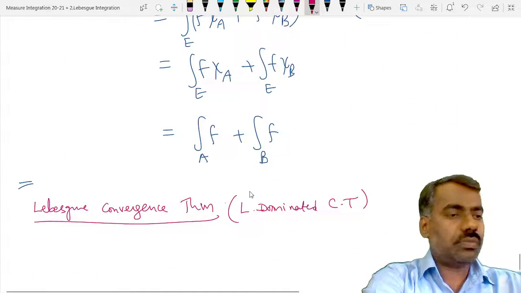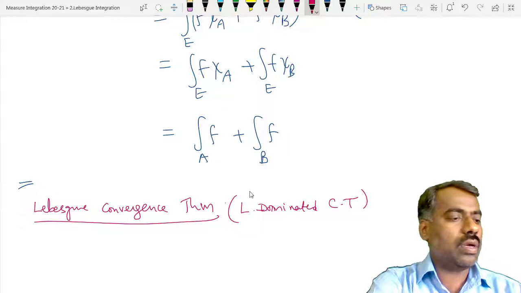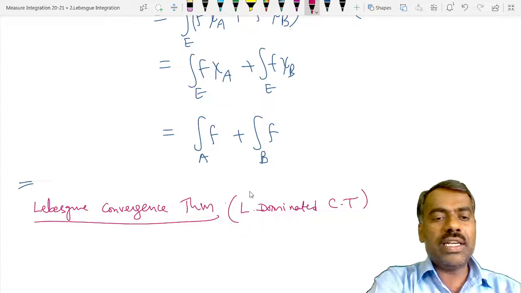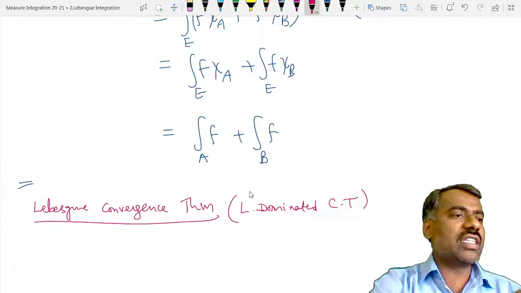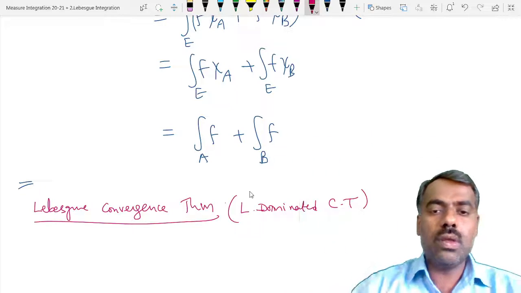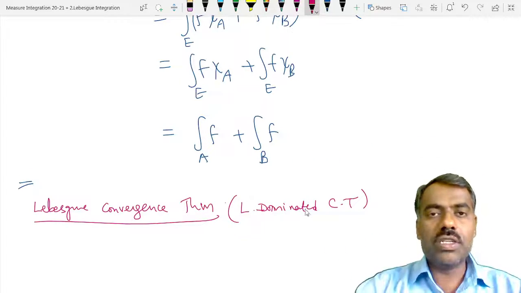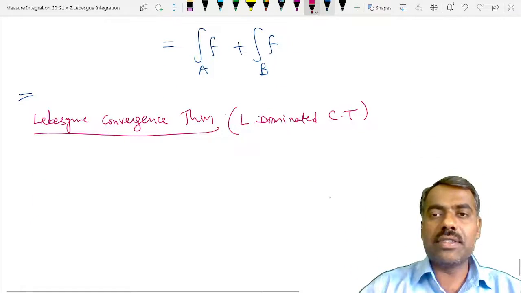What the Lebesgue dominated convergence theorem says is that if you have a sequence of measurable functions f_n, let me write this statement, then we'll discuss.